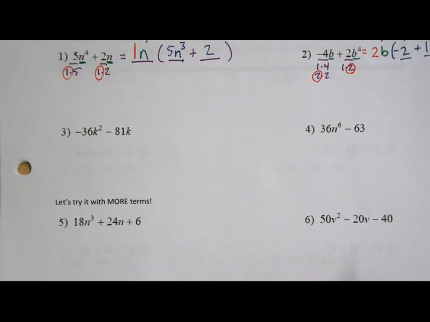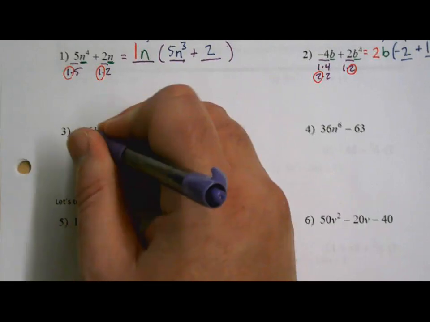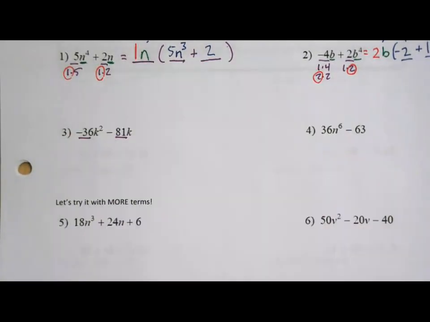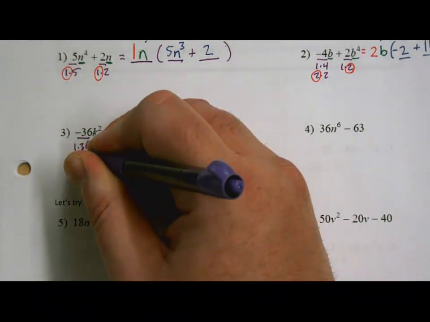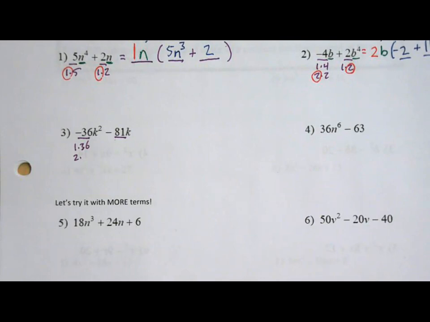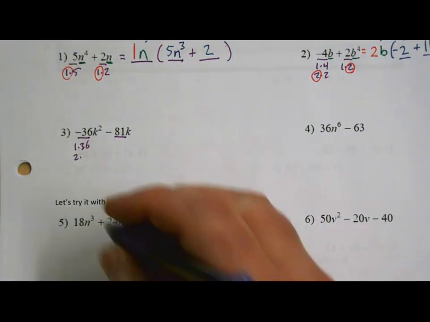36 and 81. So I'm going to write factor pairs here. Let's do some factor pairing. 36. 1 times 36. 2 times, help me out here, 18.